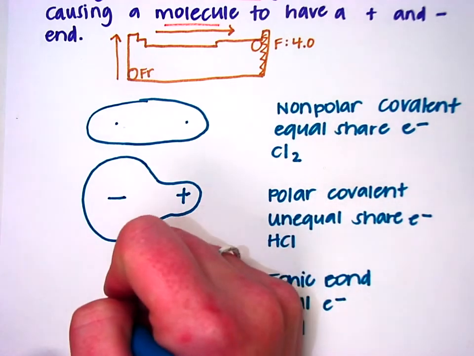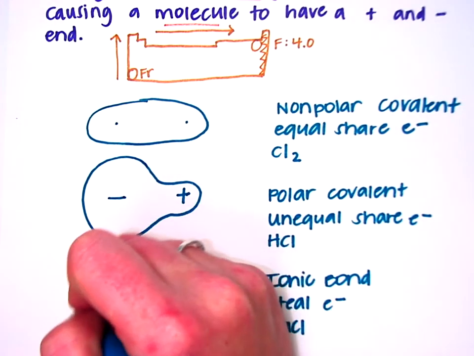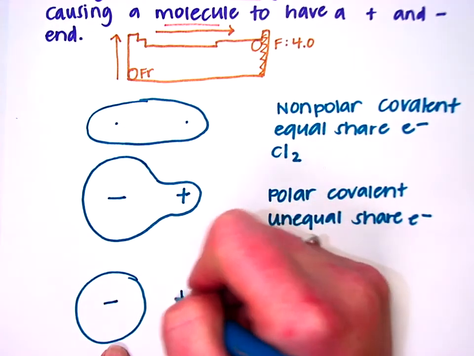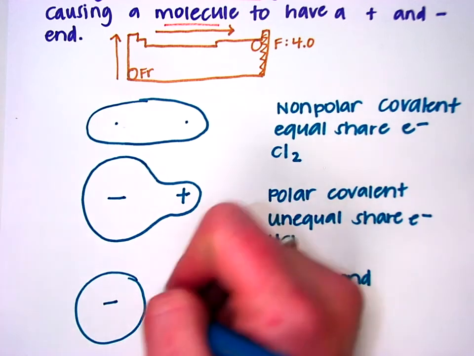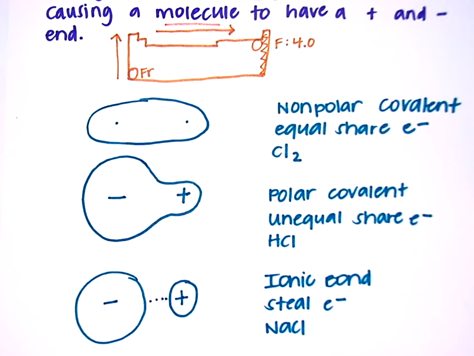So chlorine becomes negative and sodium becomes more positive. There is no movement back and forth of that electron; it's now with chlorine. What attracts those two atoms to each other is the attraction of the positive and the negative. So it's not a sharing and movement back and forth like we see with polar covalent. It's a little bit different when we're talking about ions.